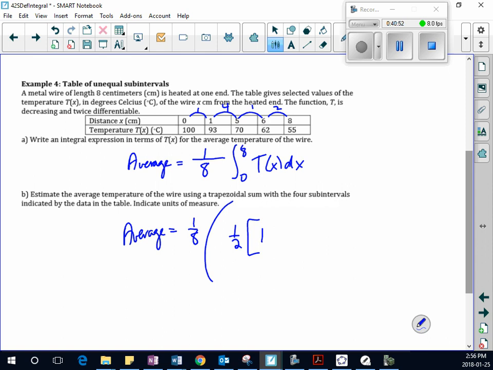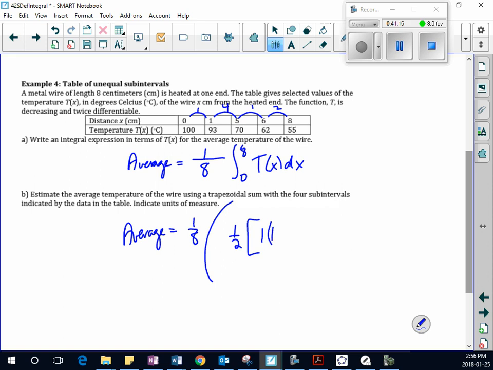Now times, we have to take these two. Remember, we can't do the double, and we can't split it up like that. So the width is 1, and we have to add up the two things. No, the 0 is the x.